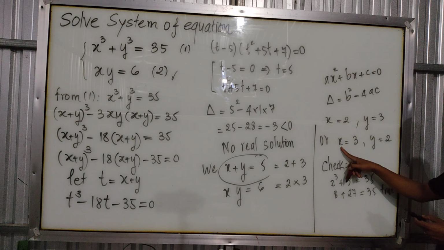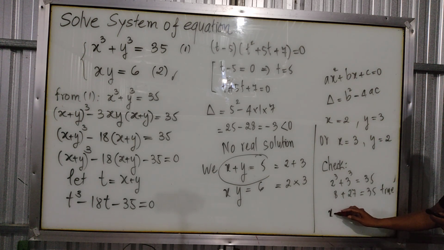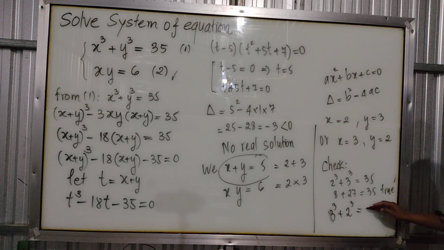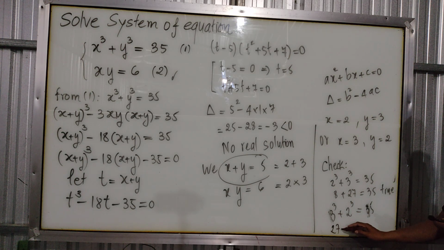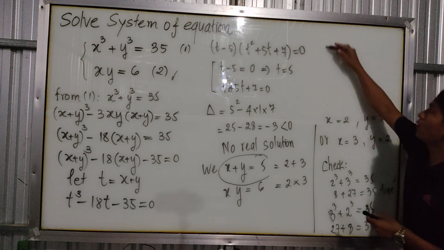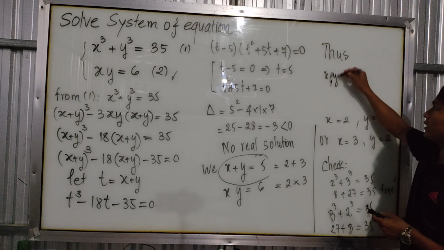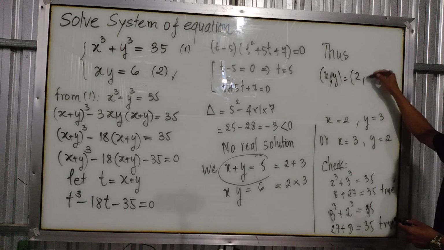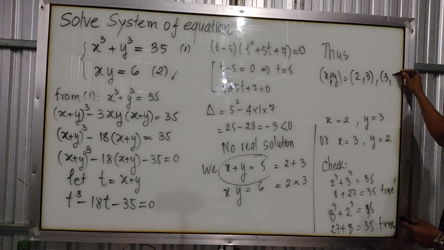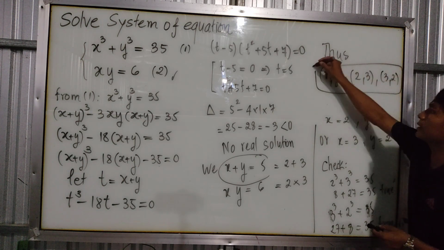Also for x equal to 3 and y equal to 2, we get 3 power 3 plus 2 power 3, which is 27 plus 8, equal to 35. It's true. So the solution, x and y equal to 2 and 3, or 3 and 2, is our answer.